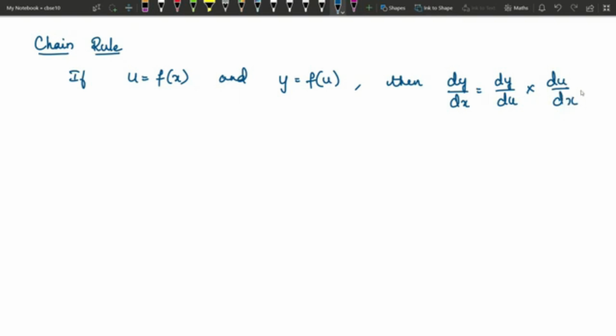So what this means is, say y is a function of u and u is further a function of x. Since u is dependent on x, when you change x, the u value will definitely change. Since u is changing, y will also change.